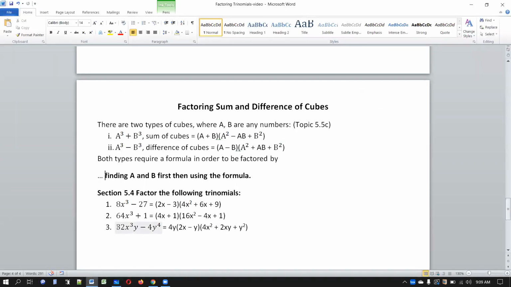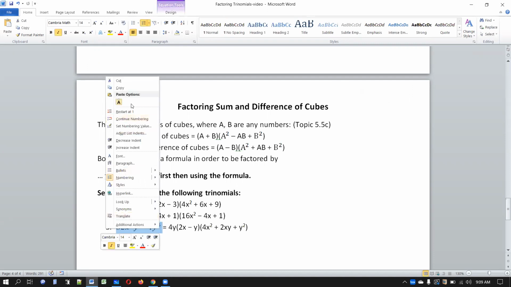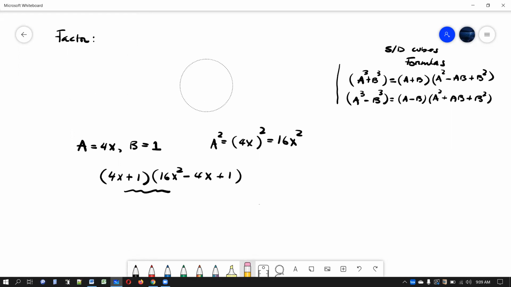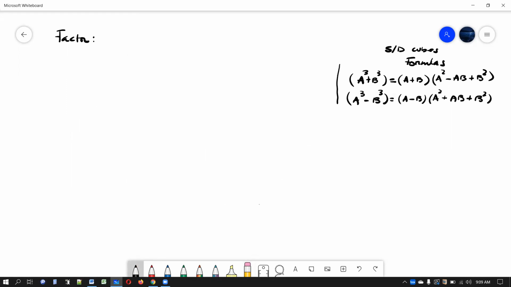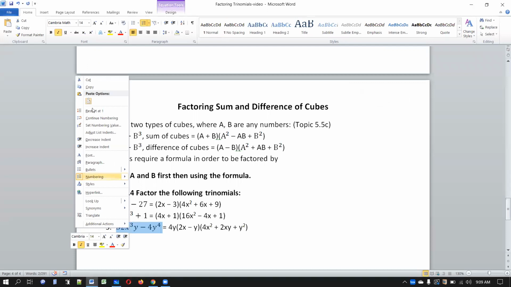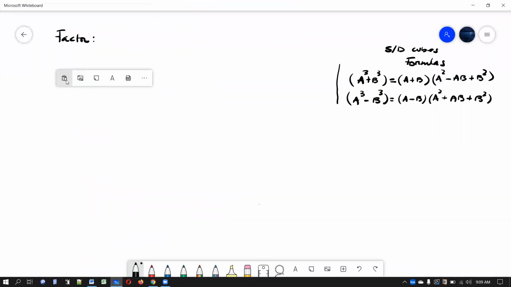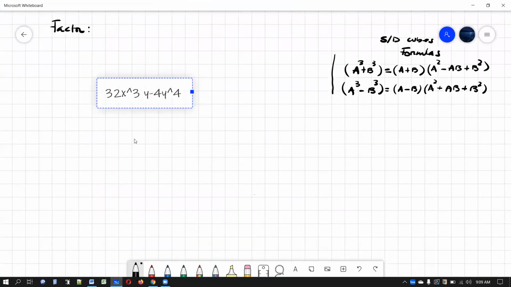Now the last question, let's take a look at the last question and see if I can copy it here, because it has multiple variables, but I want to erase this first so that we can still look at the formulas on the right side and we don't have to rewrite them. Okay, so let's see if I can. No, that didn't work. So let me copy it again. And hopefully we can put it in here.